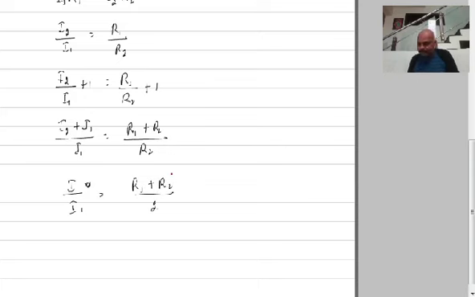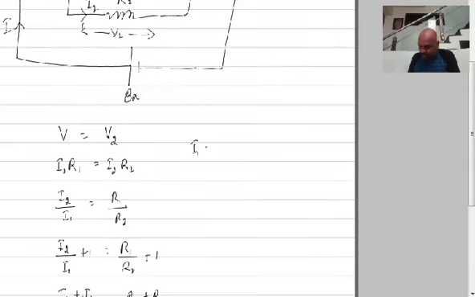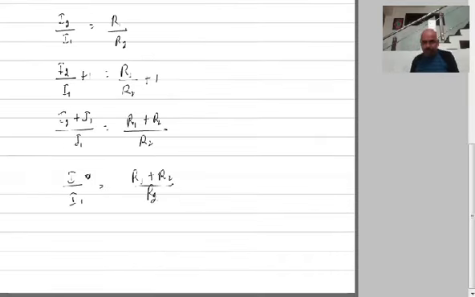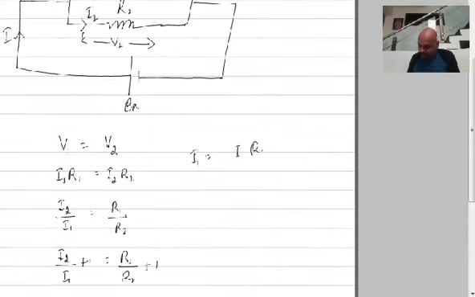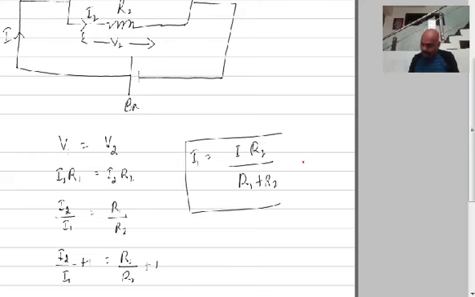If I reciprocate it and write, I get I1 is equal to I into R2 divided by R1 plus R2. So I1 is equal to I R2 divided by R1 plus R2. Similarly, you can write I2 is equal to I R1 divided by R1 plus R2.